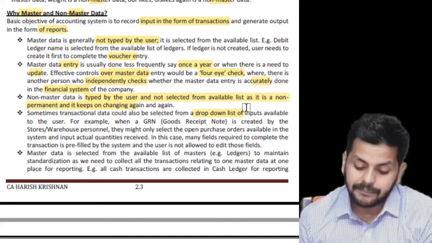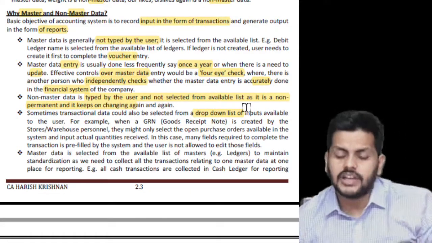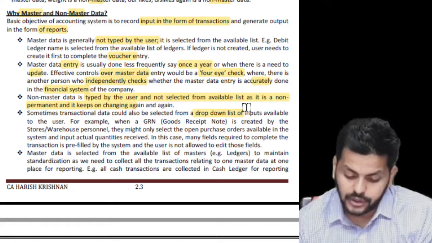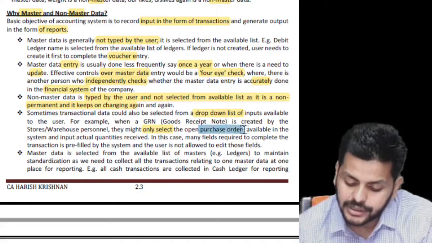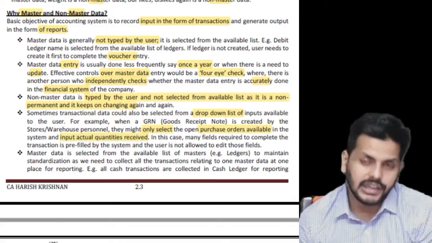For example, when a GRN, that is goods receipt note, is prepared when you receive goods, right? When a GRN is created by the stores or warehouse personnel, they might select only the open purchase orders available in the system and input the actual quantities received.